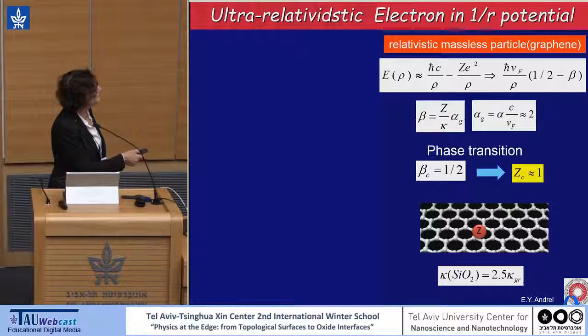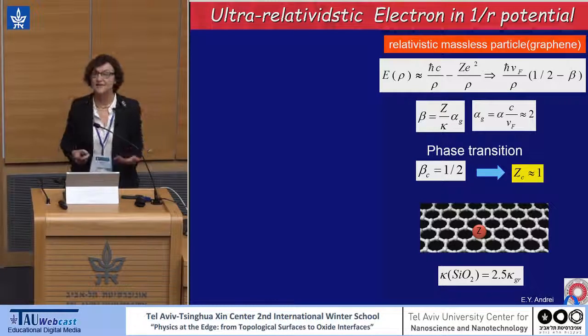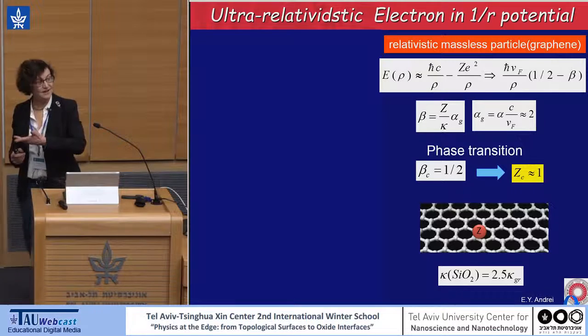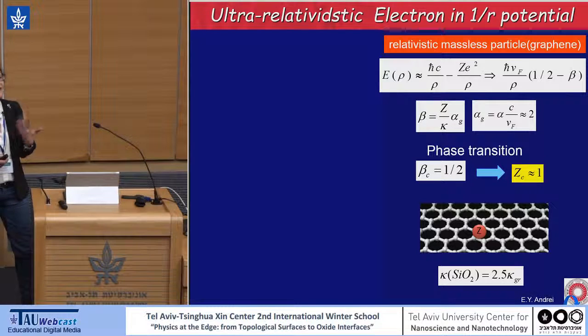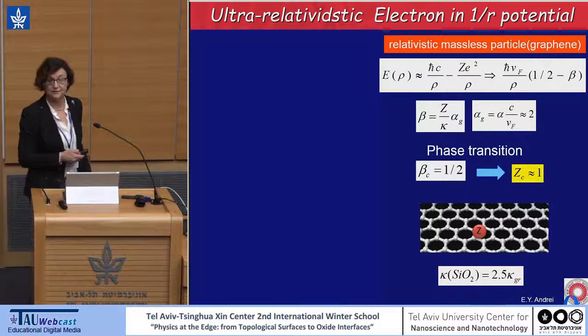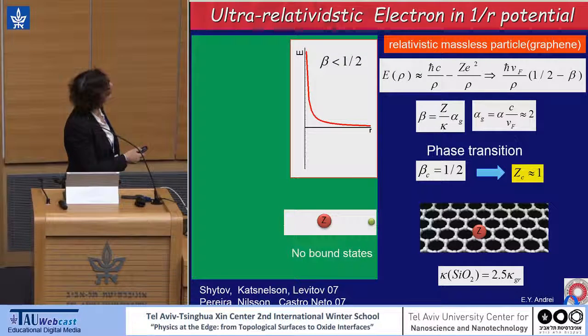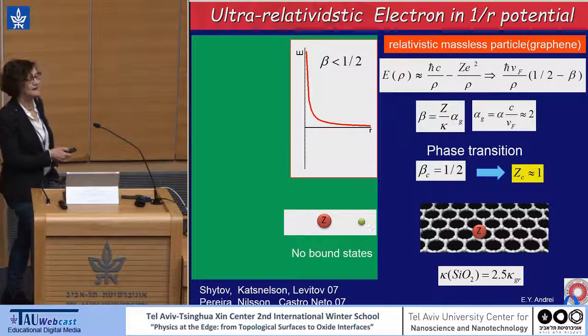So you get a phase transition at 1/2, which is the equivalent of atomic collapse, but instead of having to go to 170, it's enough to go to a charge of about 1. So when beta is smaller than 1/2, this energy is positive. So essentially we get Klein tunneling. The electron just goes through. There's no confinement.